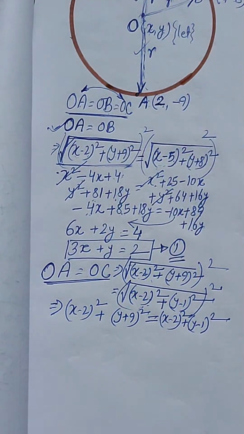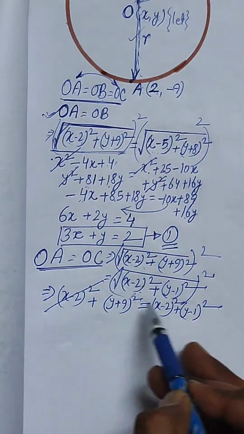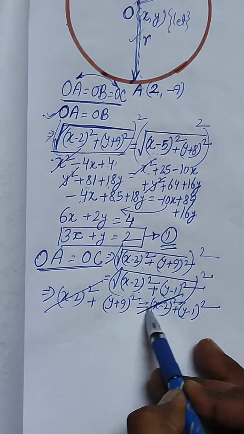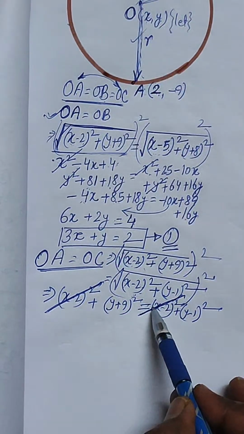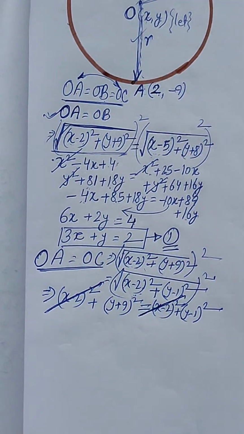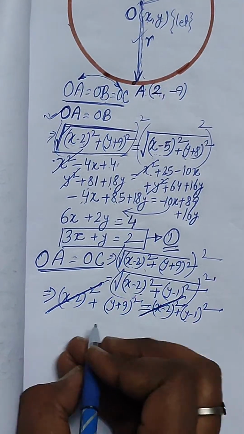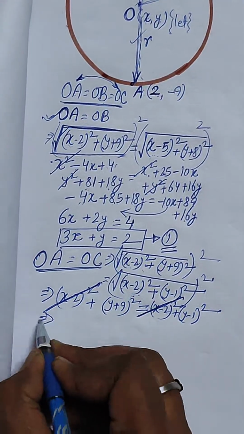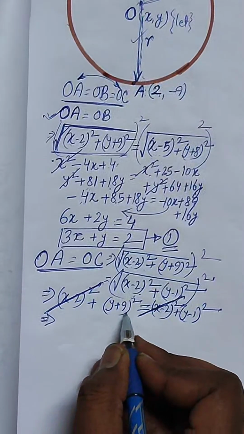So my dear friends, you can see here x minus 2 whole square is directly cancelled, because it is present on both the LHS and RHS, and we are left with y plus 9 whole square. Just expand it because we are going to have one equation in one variable only.